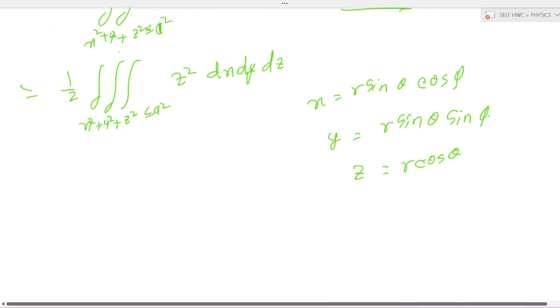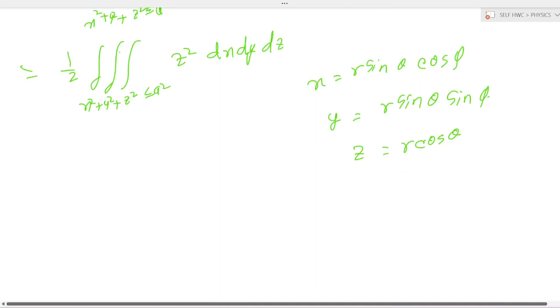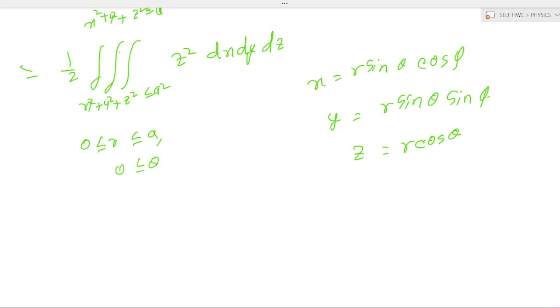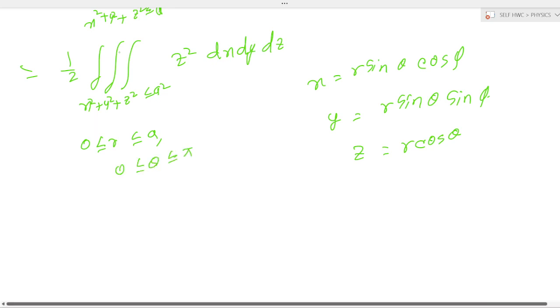So the regions of the integration transform to 0 less than equals to r less than equals to a, and 0 less than equals to theta less than equals to pi, and next 0 less than equals to phi less than equals to 2 pi.